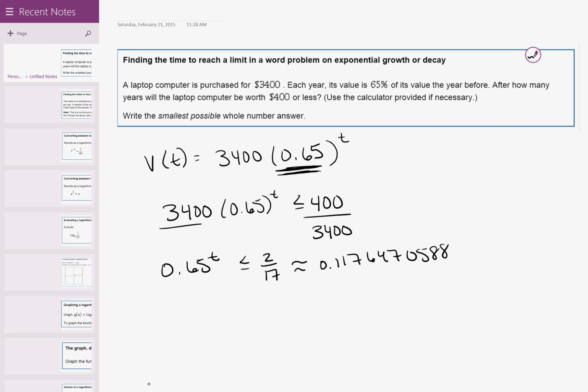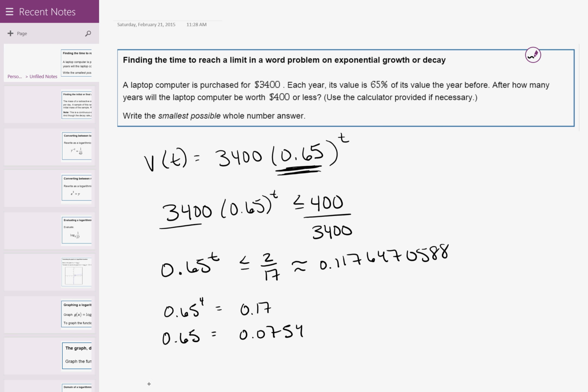Okay, and now I'm going to pick some values for t. I'm going to start with 4. And that gave me 0.178 something, whatever. Anyway, it's too big. So I'm going to try 6. And that gave me 0.0754. That's too small.